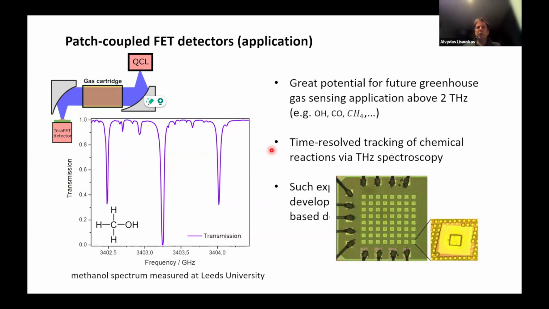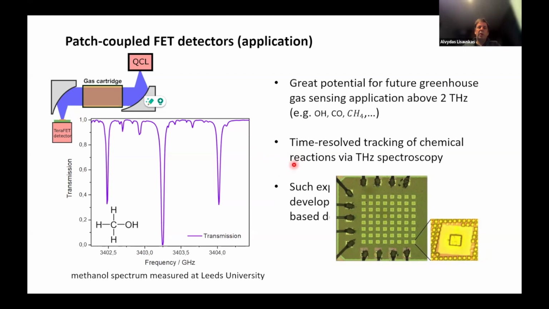And just to make a strong statement, we have had bolometers developed for many decades, and such a measurement was impossible with a bolometer. It's not about NEP, it is about the frequency of response, how fast the device is, and how well this is resolved. So this is one of the nice examples there.